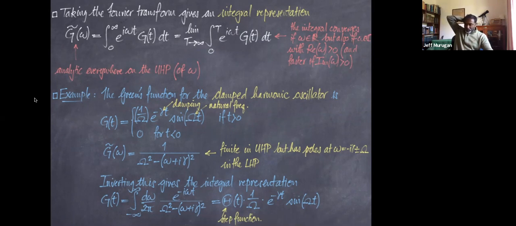This integral in inverting the Fourier transform is, of course, a complex integral because of this e to the minus i omega t factor. And so a good exercise for you would be to show this using some appropriate contour on the complex plane. I'm going to leave that as an exercise for you, and we will pick up again next week.